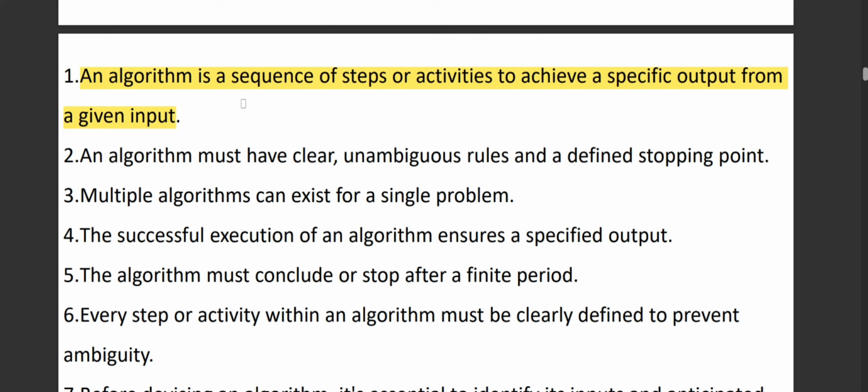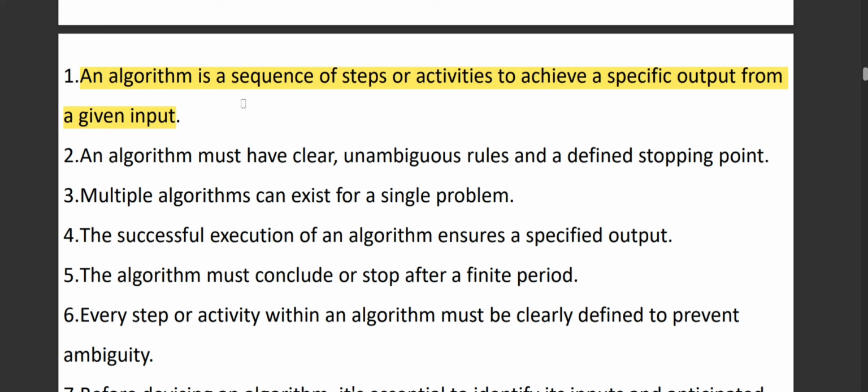So if we compare our real world problem with this definition of algorithm, we can say that making a tea is an activity. What is our output? Our output is a delicious hot tea. What are the inputs? The inputs are the ingredients in this example: milk, tea powder, sugar, and all of these are ingredients, which we can say are the input for this task.